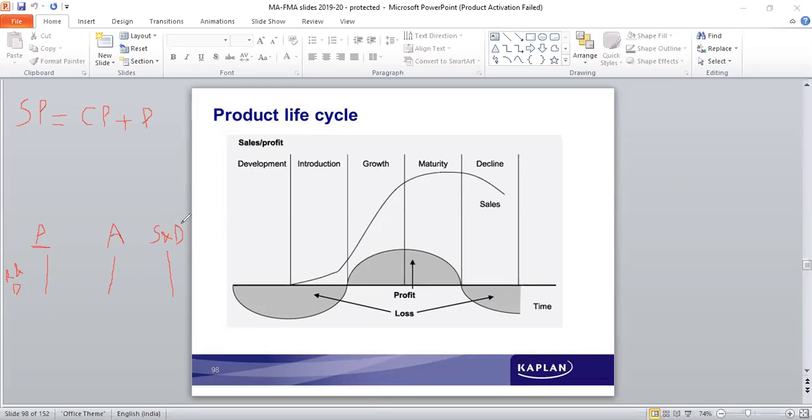Then, after the product is sold, is that the end of it? No. After the sales are made also, there are costs which are incurred, which we call after sales service costs. These are costs which are incurred by businesses.